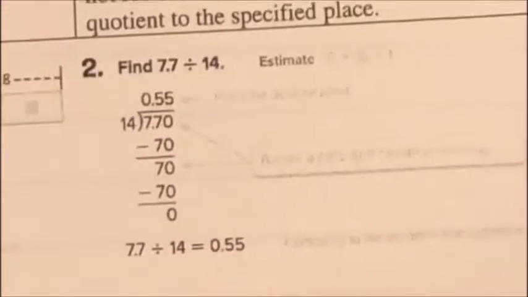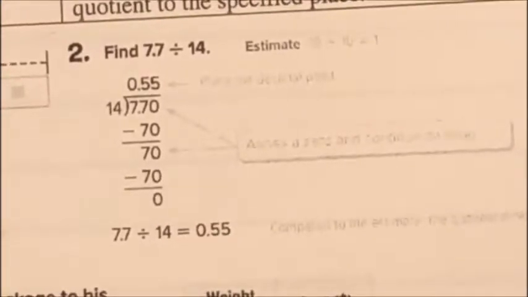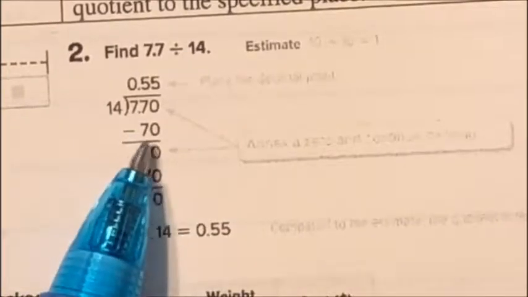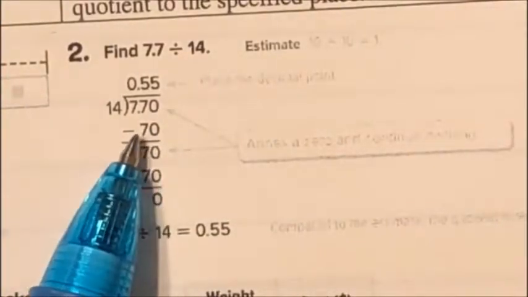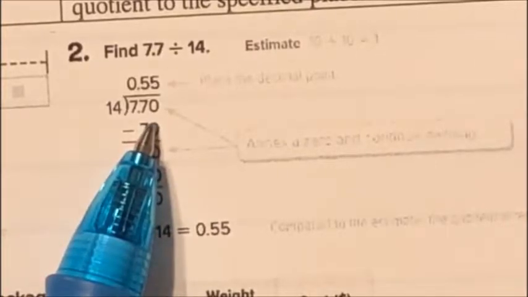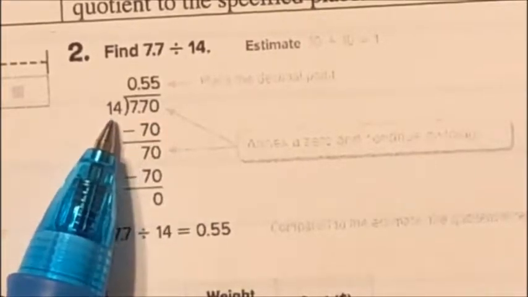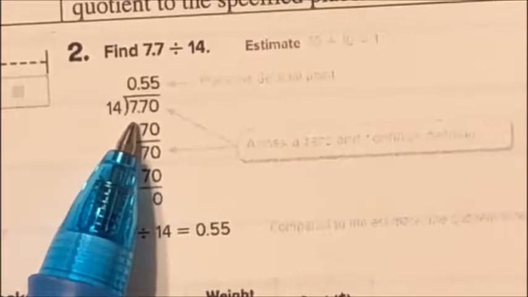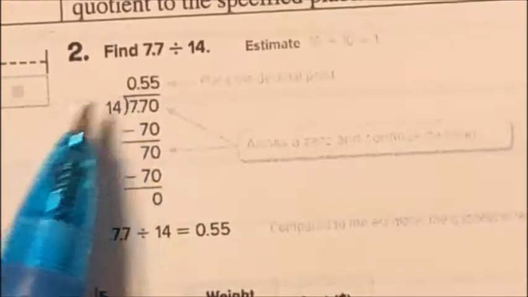Number 2 says find 7.7 divided by 14. Okay, so what I'm going to do is take 7.7 and add a 0 on the end. I'm going to annex a 0, because 14 can't go into 7, so I put a 0 up top.